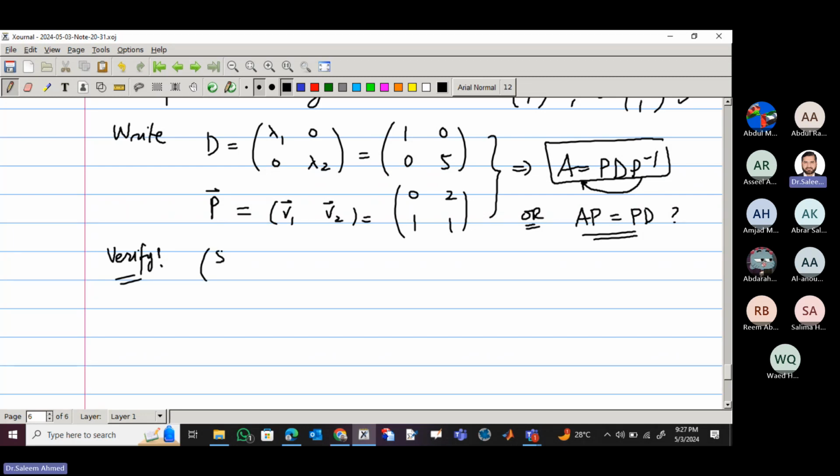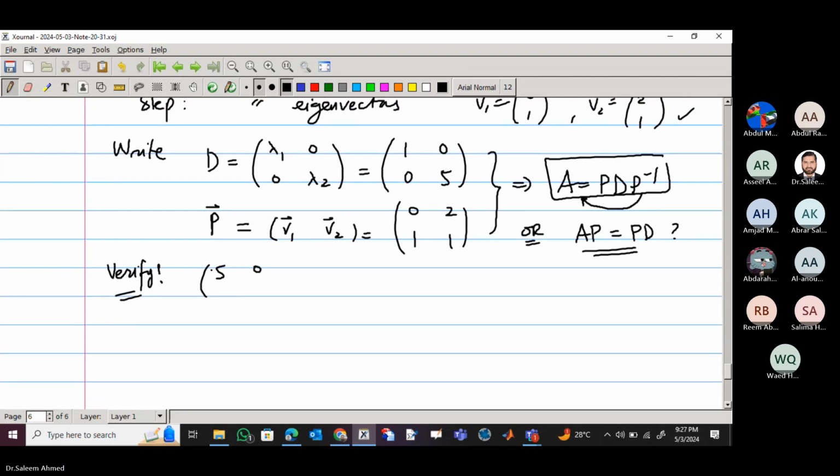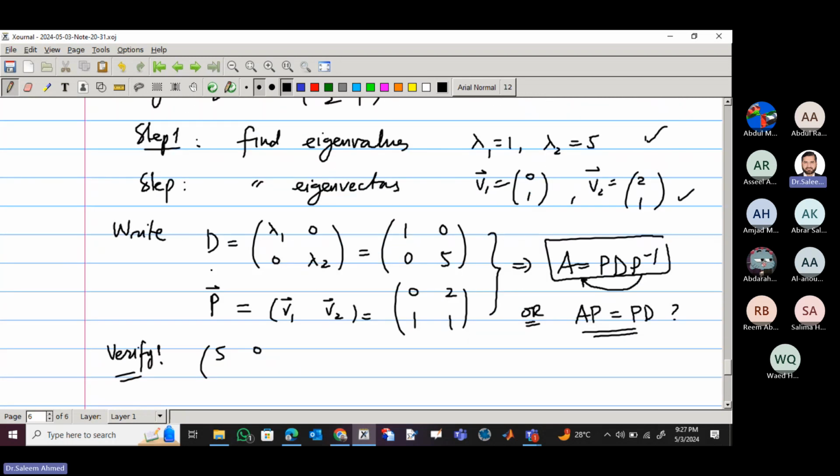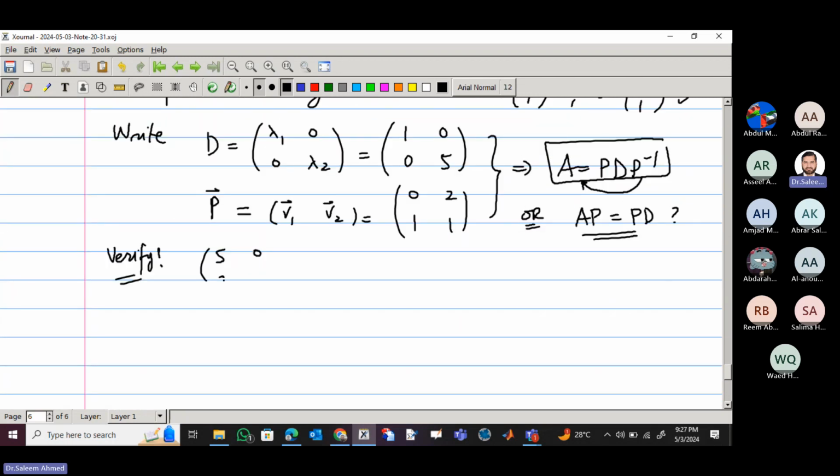You can write A. A was 5, 0, 2, 1. Multiply with P. AP. P is 0, 2, 1, 1. If you multiply, it gives you 5 into 0 plus 1 into 0. 5 into 2, 10 plus 0 into 1. 2 into 0 plus 1 into 1, 1. And then 2 into 4 plus 1, 5.